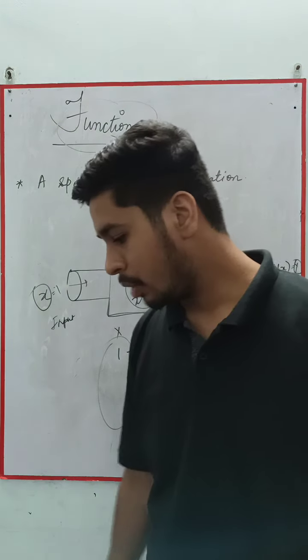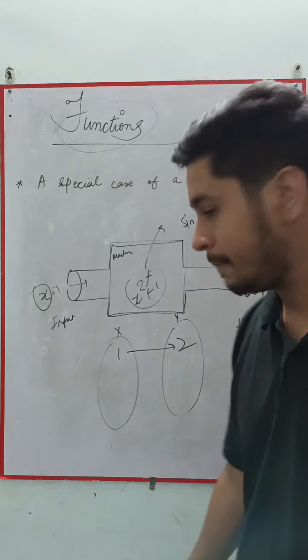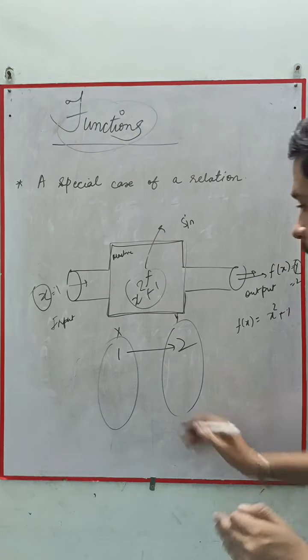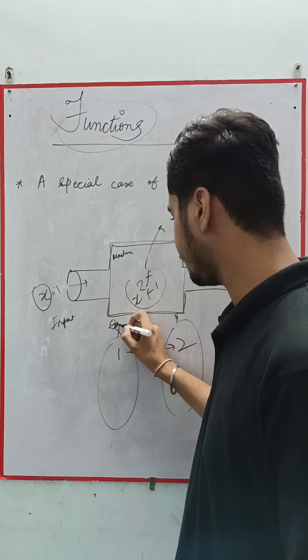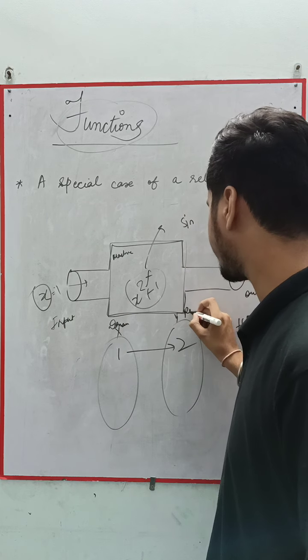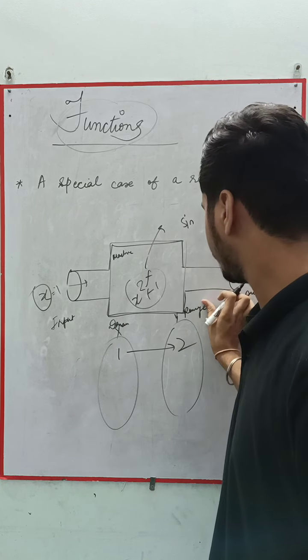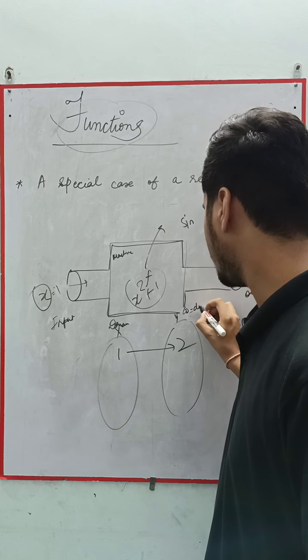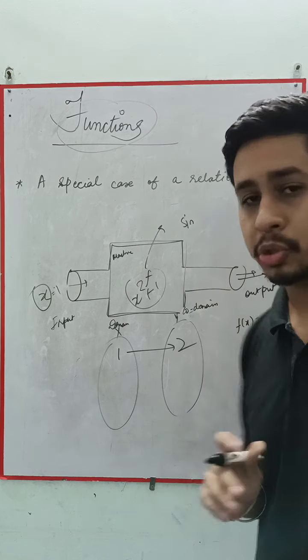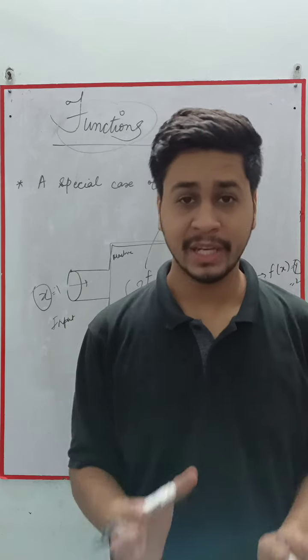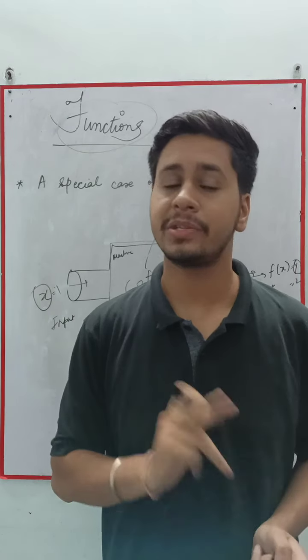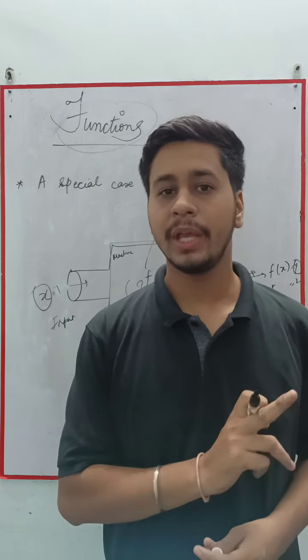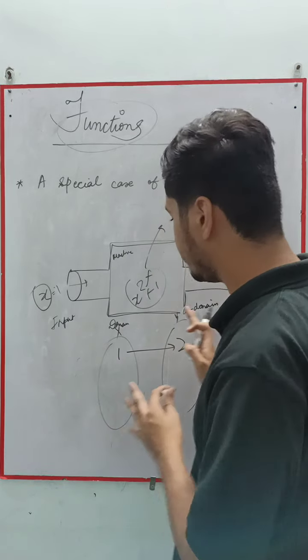Then we have seen the domain and range. What is the domain and range of the function? This first one is the domain and this is the range of the function, or we can say codomain. I have explained domain, codomain and range very nicely in 11th class, relations and functions, so you can go there and watch so that these things will be clear to you.